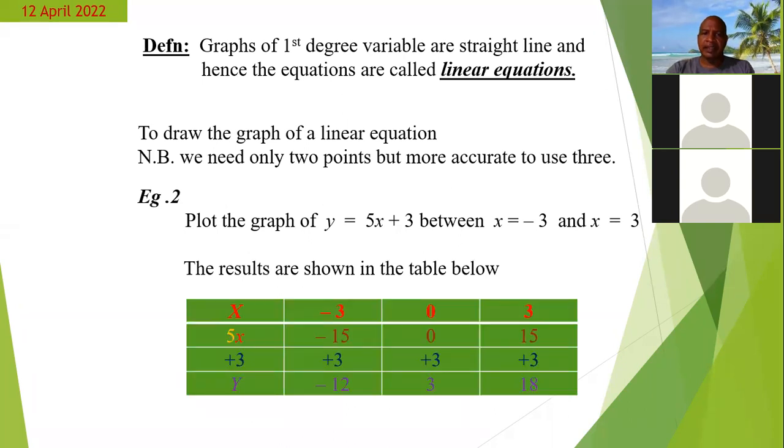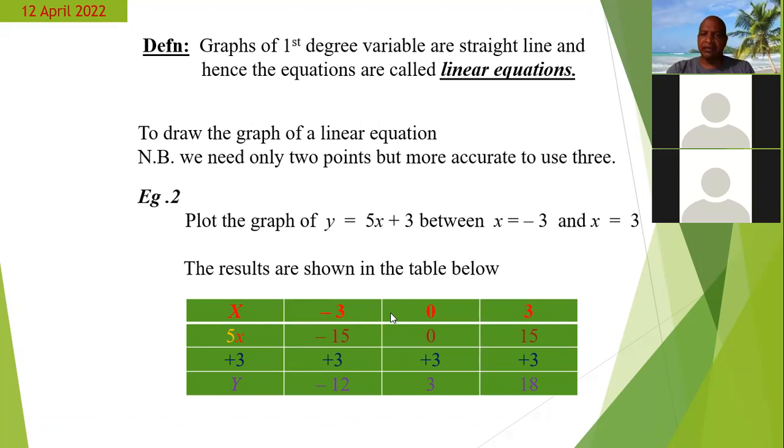Okay. All right, so your range of values would go from -3 to +3. So the x values go from -3 to +3. And if you notice here, the table is such that we only take 3 x values.